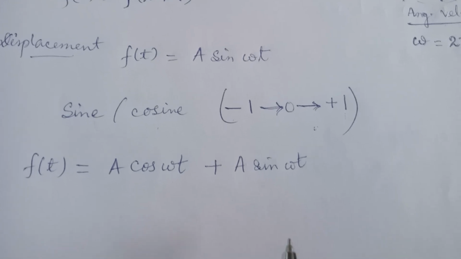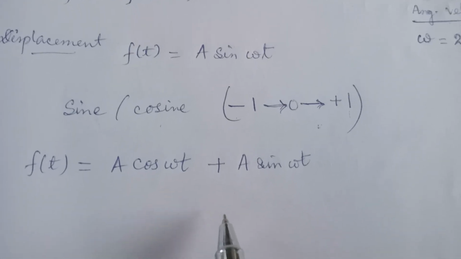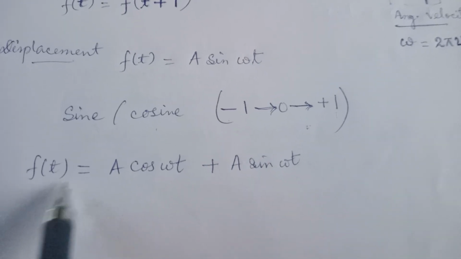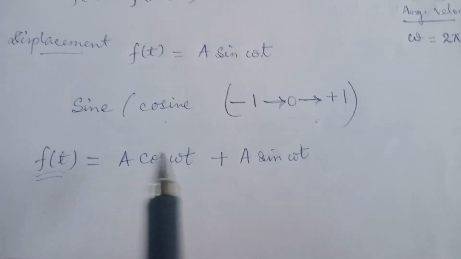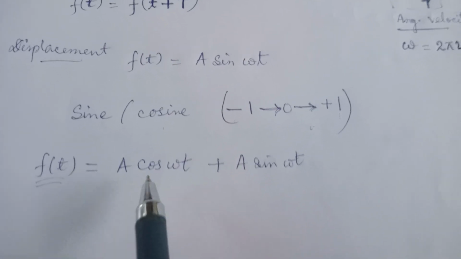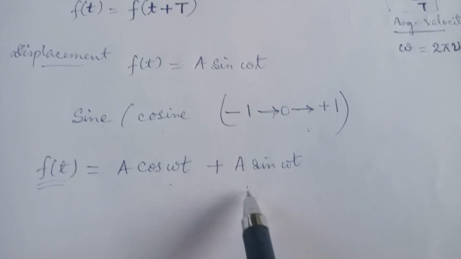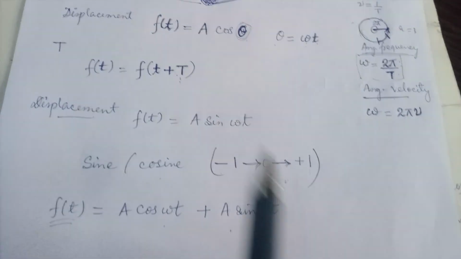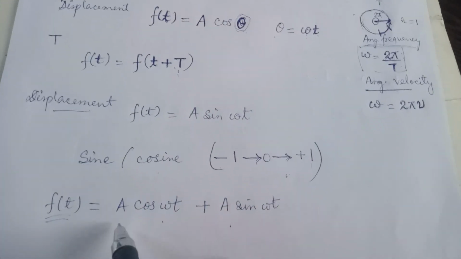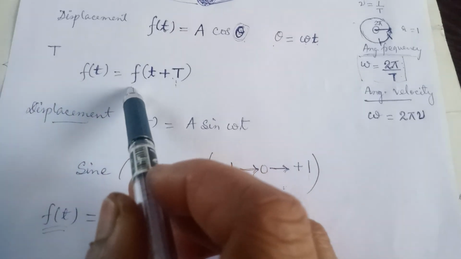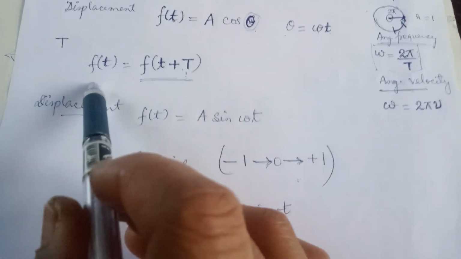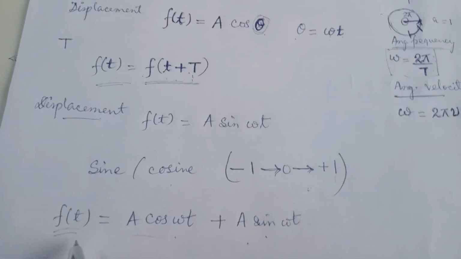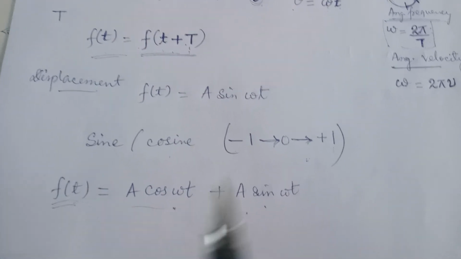So this function is also a periodic function with time t. Okay, this displacement function repeats itself, or is a periodic function with the same period capital T. So if this part always obeys this rule, then this expression is exactly correct for this expression also.